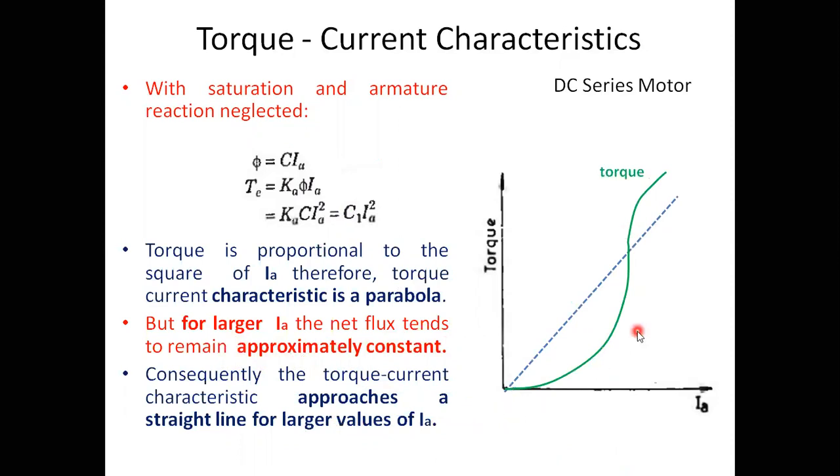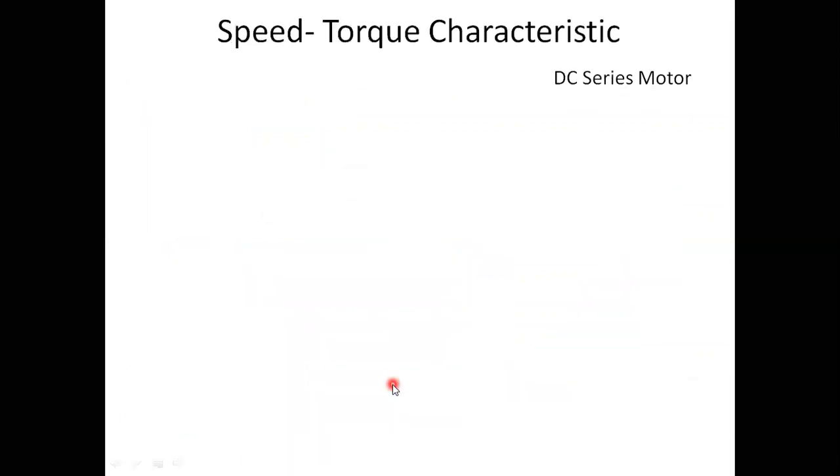This is the torque equation. For lower values of current, the torque follows a parabolic nature, and for higher values of current, it becomes almost a straight line.